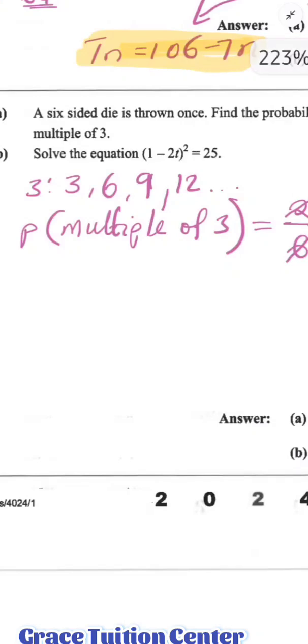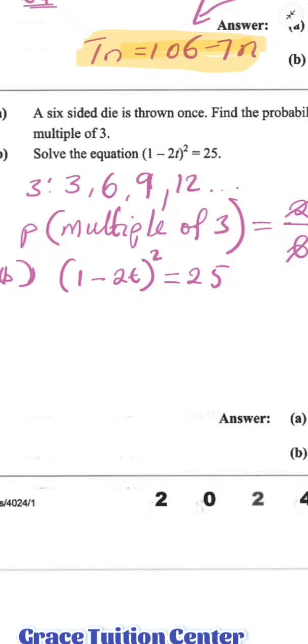The next question. This is an equation. So say solve the equation. This is B. Solve the equation, open bracket, 1 minus 2t squared is equal to 25.